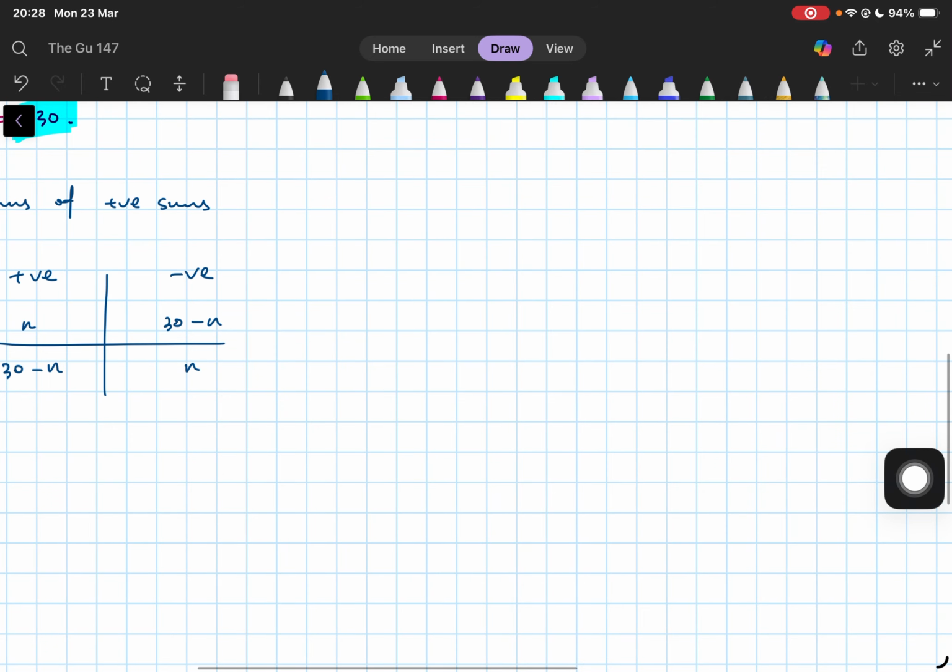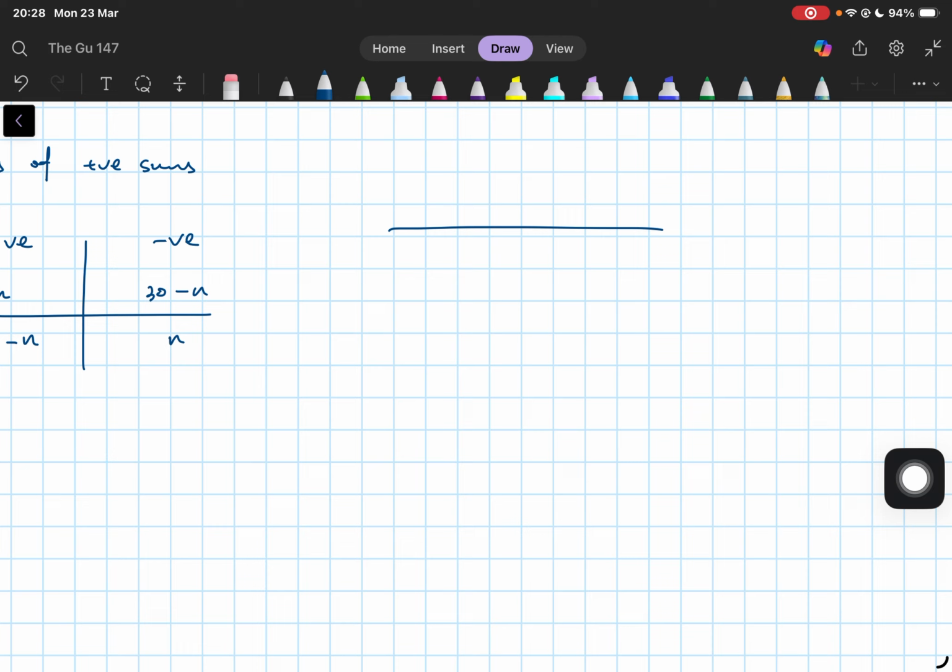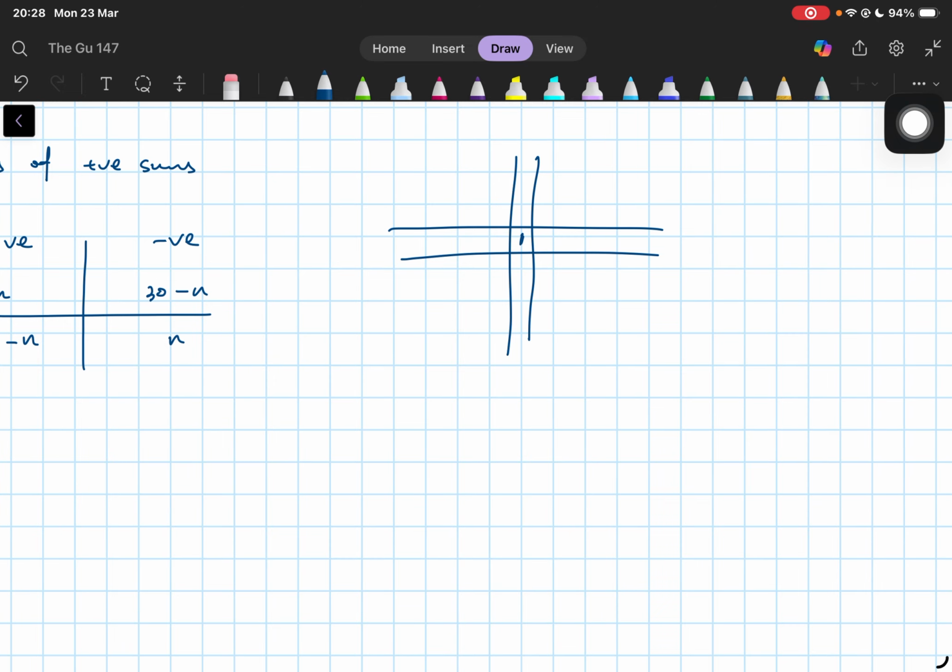Let's suppose that at an arbitrary row and column there has to be an intersection cell, and let's say the cell is 1.